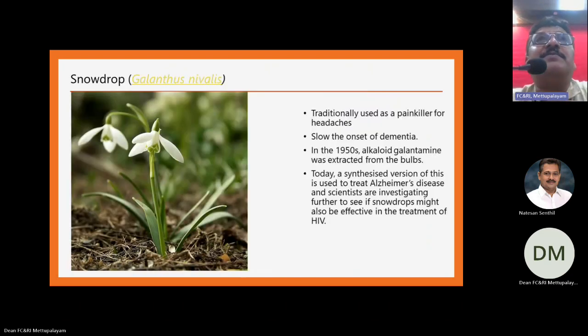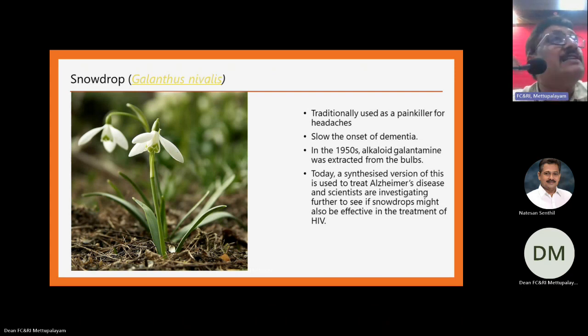Yeah, this is another one, snowdrop. Now, this is traditionally used as a painkiller for headaches. And an alkaloid called galantamine was discovered from this. What we find is it actually slows down dementia. Dementia is when you forget, memory loss happens.